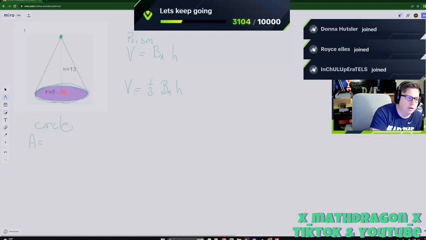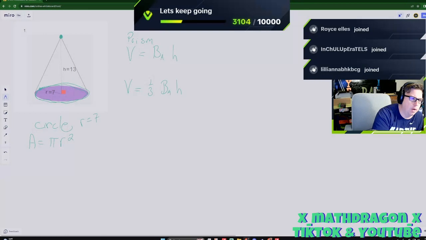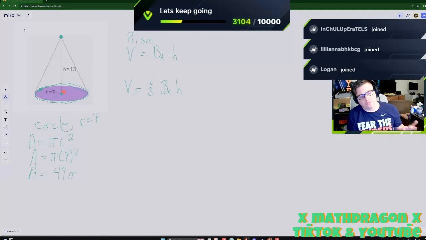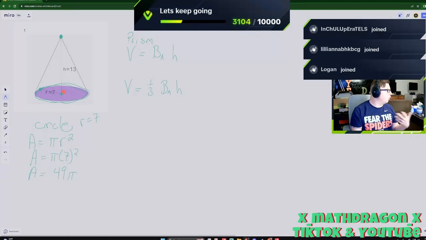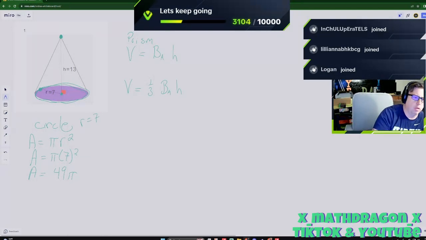So to find the area of a circle is pi r squared. So when we look at this, my radius equals 7, because from outside of the circle to the center, you can see that distance is 7. So my area is going to equal pi times 7 squared, which is 49 pi. And then if we multiplied 49 by 3.14, it would give us that value that we're looking for.